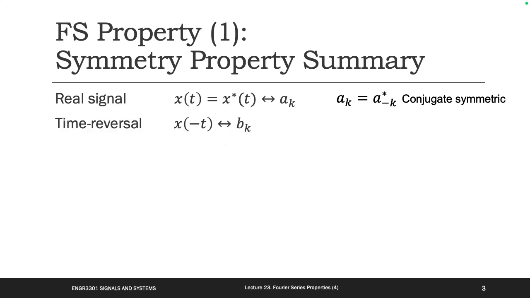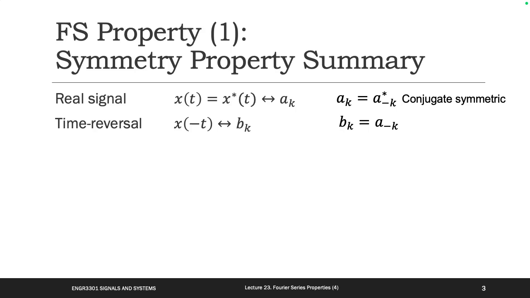And for time reversal, what can you get for the FS coefficients? The b_k equals a_{-k}. You don't need to remember it, but you need to know that.